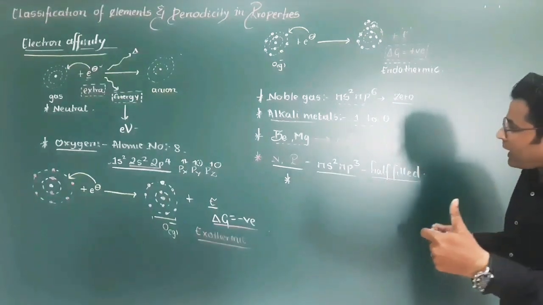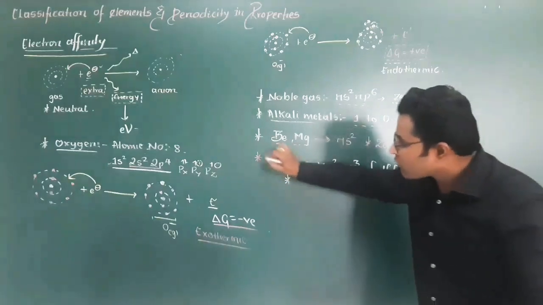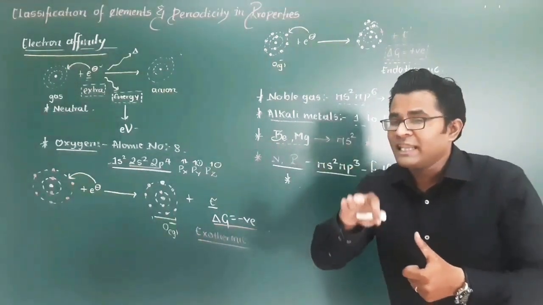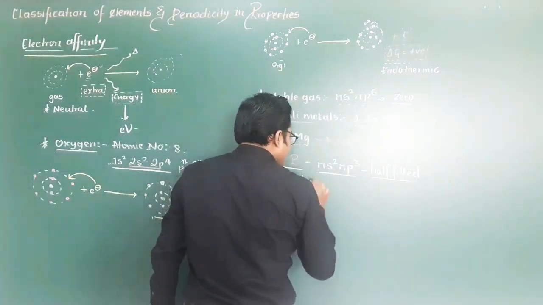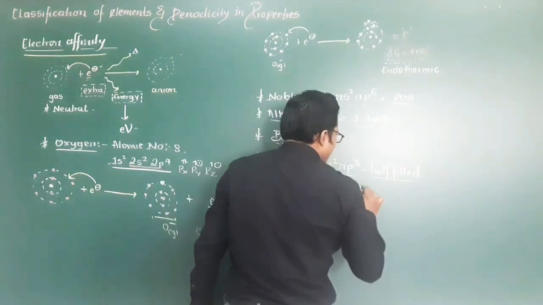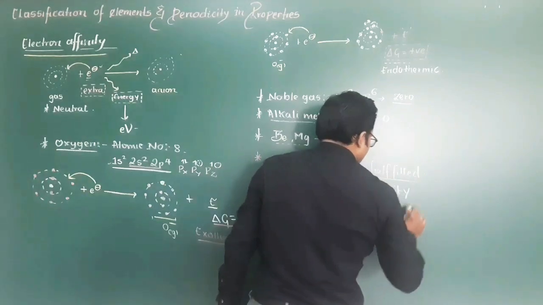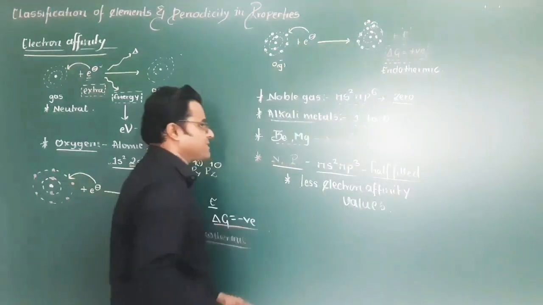Now, if we try to add the electron to these, the amount of energy that is going to come out is actually very less. Therefore, here we get less electron affinity values.